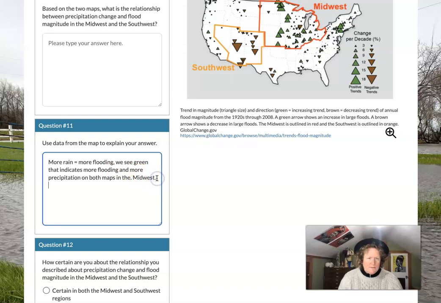And you can write a sentence that starts with less rain equals less flooding. What information on the map do we see that supports the idea that the Southwest is going to see less flooding?